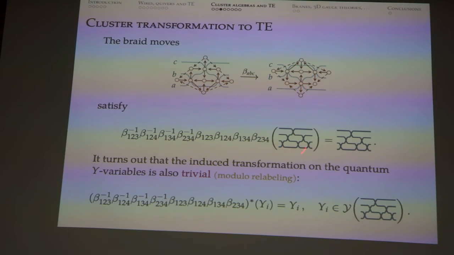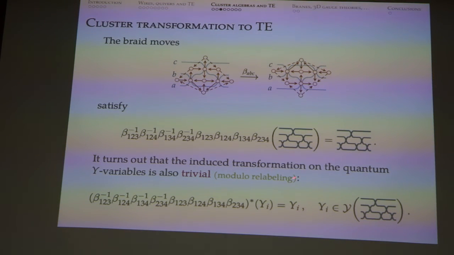But it's the case here. Okay? So there's this composition of braid moves, a composition of cluster transformations, mutations, and relabelings. If you take the corresponding pullback of that on the Y variables, it remains invariant.